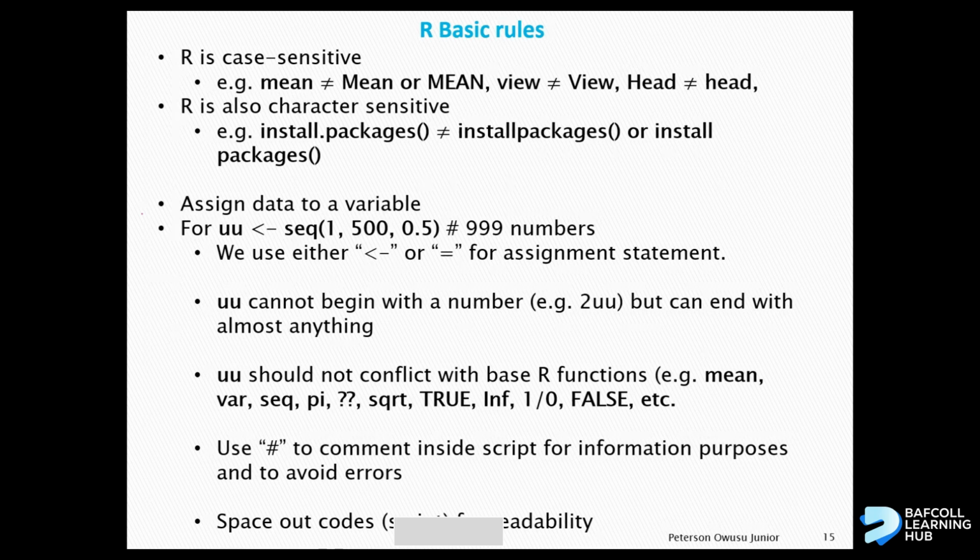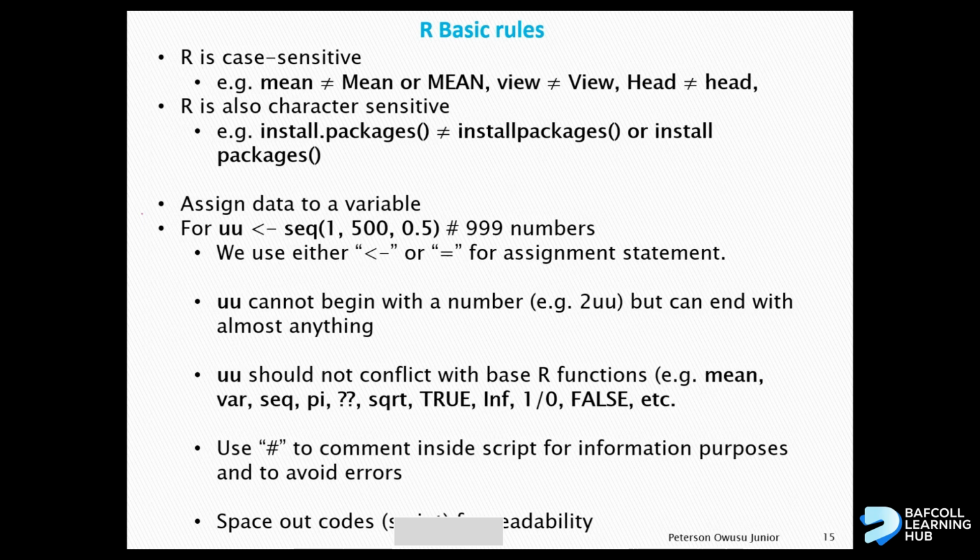The other thing that you also have to know is, in most programming languages, there is the need for comments. So you want to write either statements or explanations that should not be seen as code. In R, the hash sign is used to comment. So you may have a code that you don't want to make use of in the current situation.